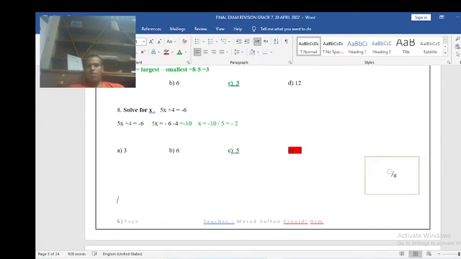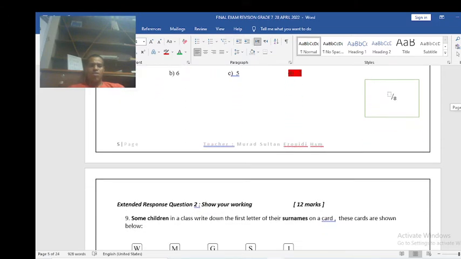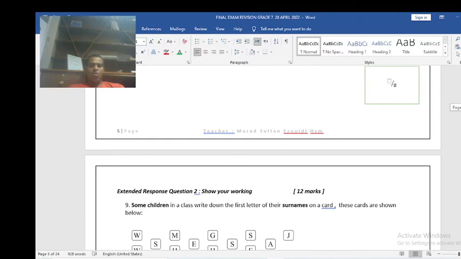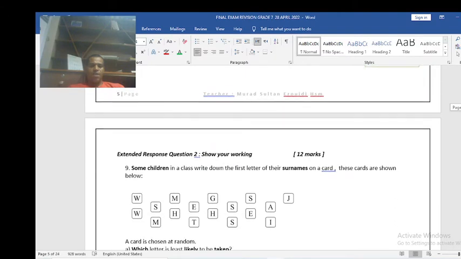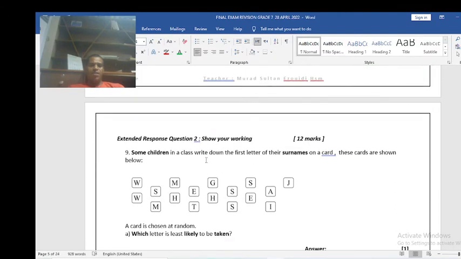Now we move to the second part, which is very important, and you should show your whole work. Some children in class 7 write down the first letter of their surnames on a card.